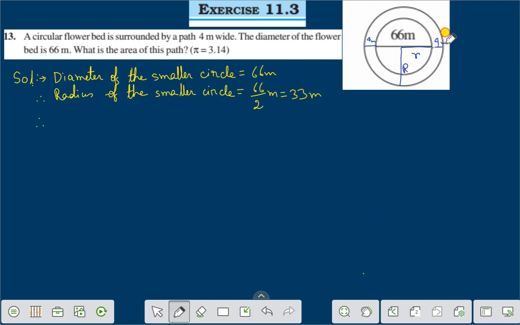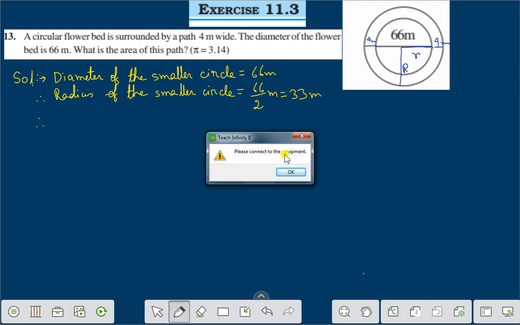Therefore, diameter of the bigger circle is 66 plus 4 plus 4.